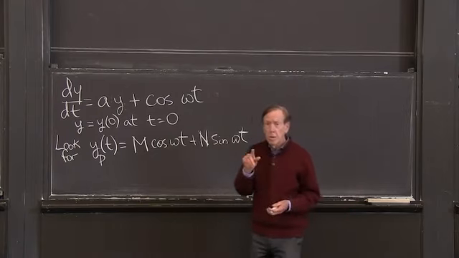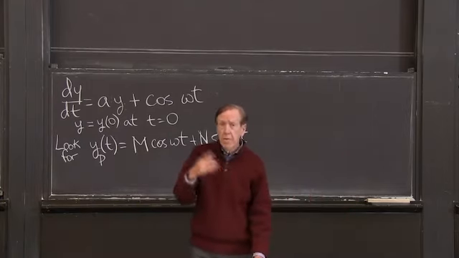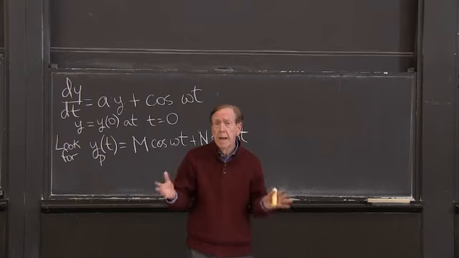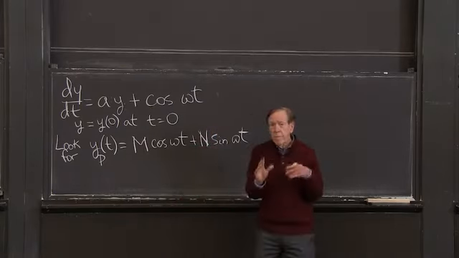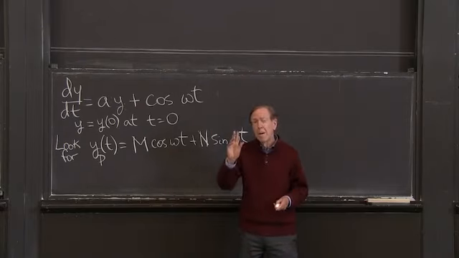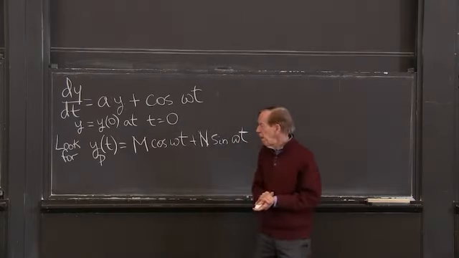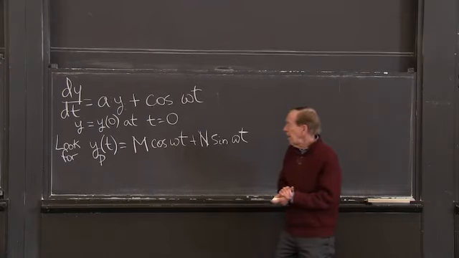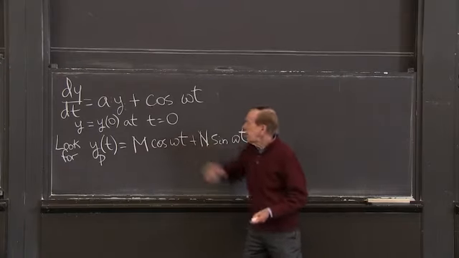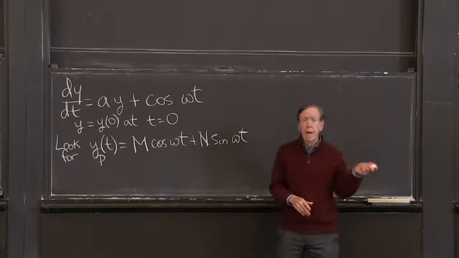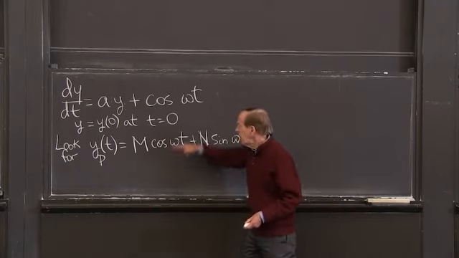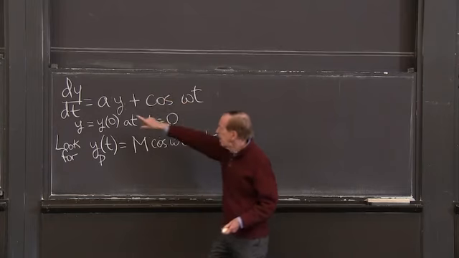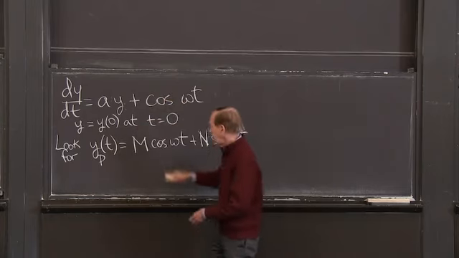Actually, you'll see there will be 3 different ways to write the answer to this problem. And this is the first, most straightforward, but not the best in the long run. Okay, straightforward one. I'm going to substitute that into the equation and find m and n. That's my job. Find these numbers. So put that into the equation. On the left side, I want the derivative.